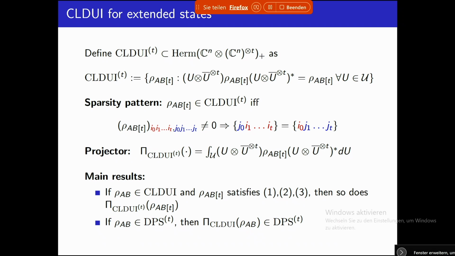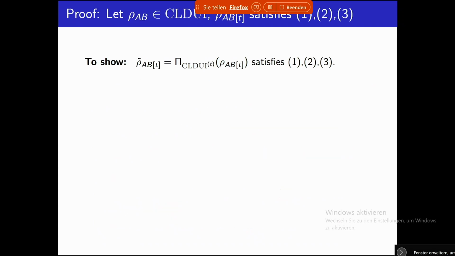Okay, and I initially wanted to give a bit of the flavor of the proof. So we are going to focus on the first result here, but I guess I'm going to go over it a little quickly.